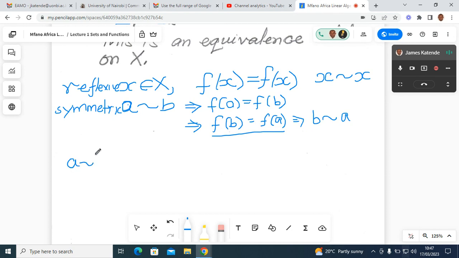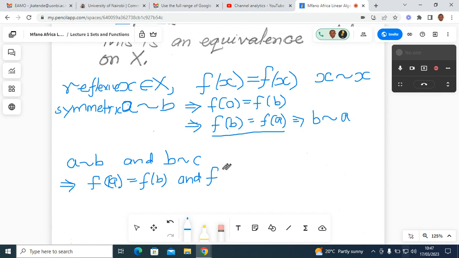Suppose A is related to B and B is also related to C. From the definition of this relation, what this means is that f of A must be equal to f of B, and not only that, also f of B, by definition, will be equal to f of C.